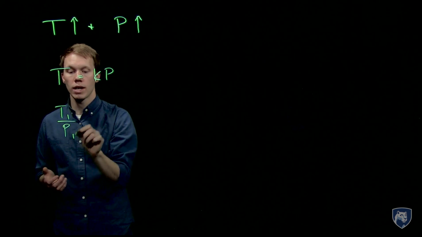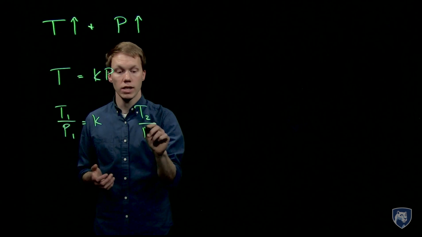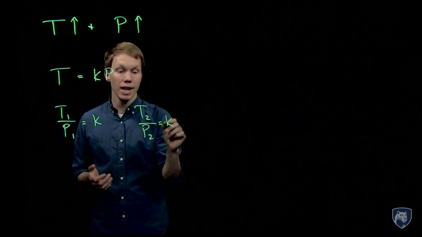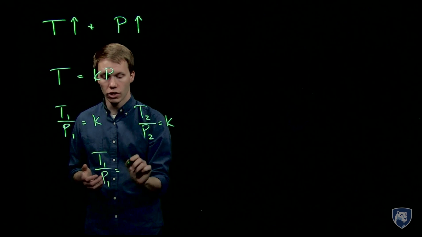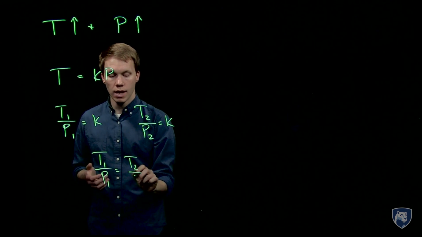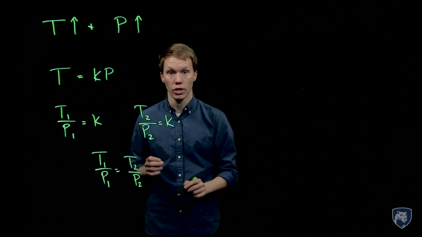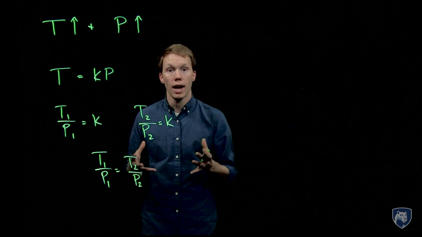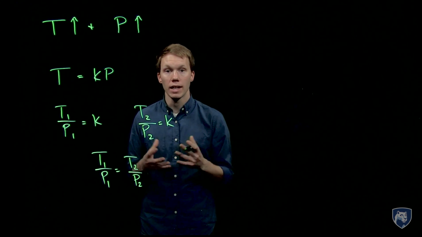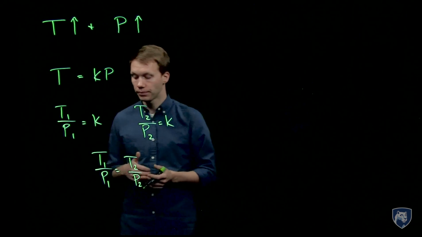T1 over P1 equals K. In another scenario, T2 over P2 would equal the same K. So putting this together, we get the relationship between temperature and pressure at constant moles and constant volume. Okay, so we're talking rigid containers here that can't easily expand or contract like a balloon could, for example.